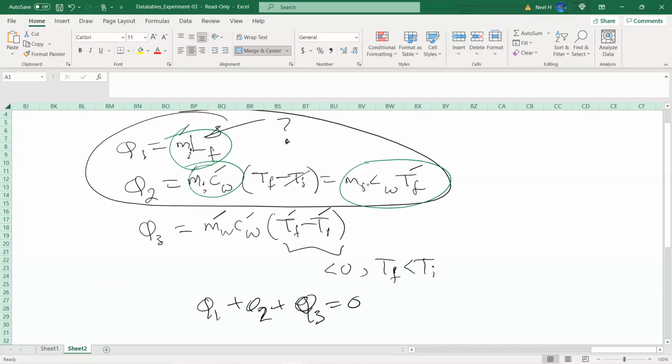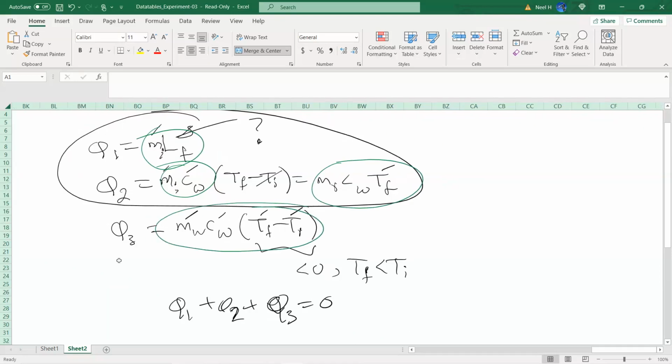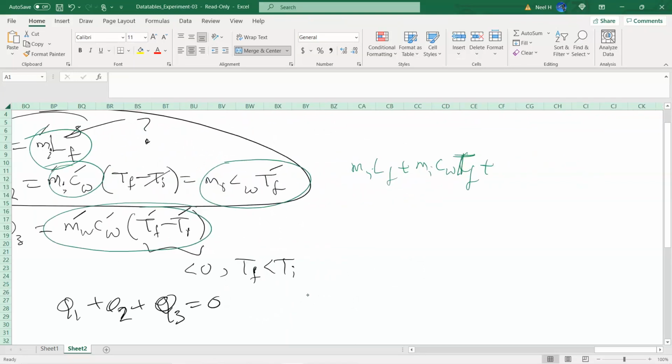So the equation, what we got earlier in terms of equation. We put ice in.